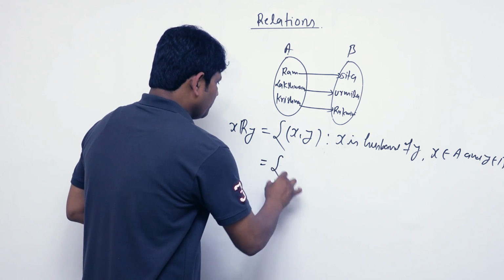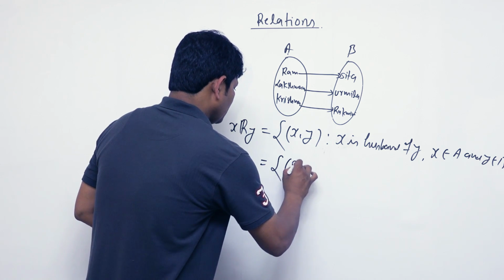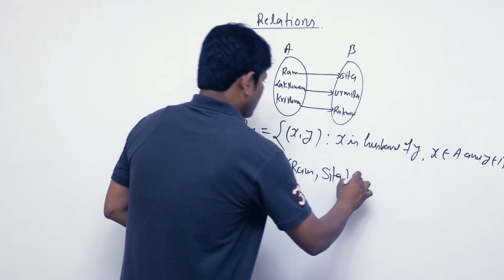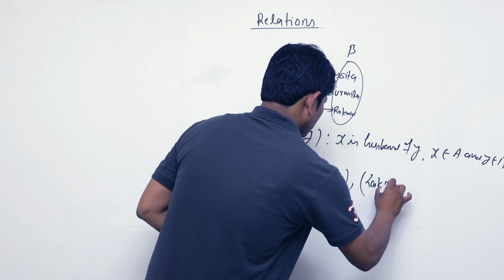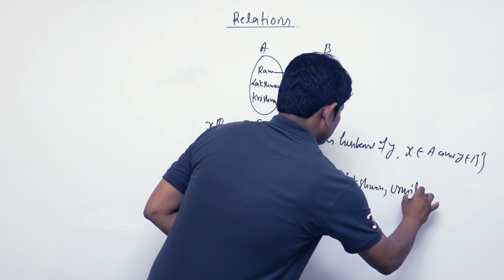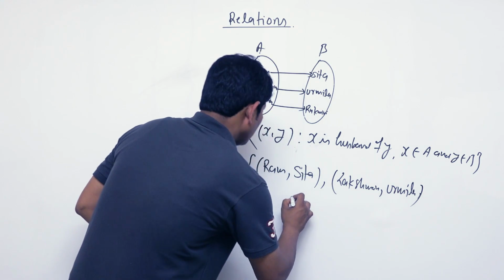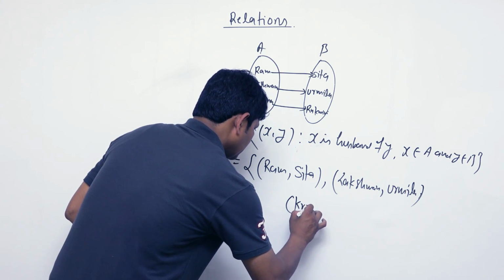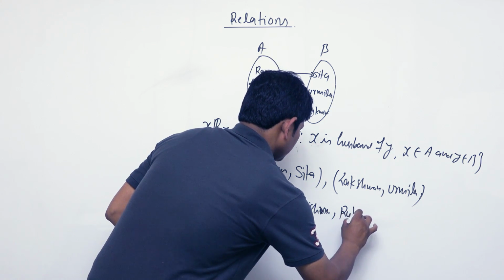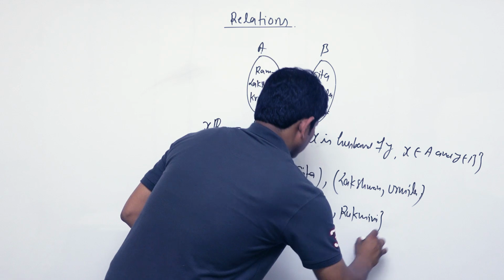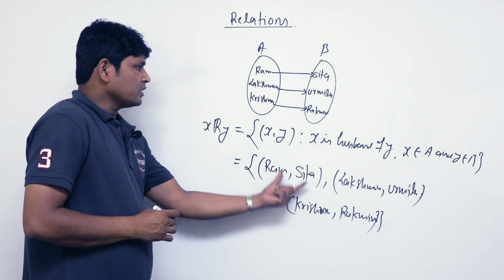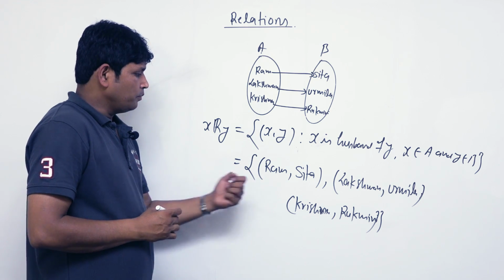If you have to write in the listing form, we can write like that: Ram, Sita; Lakshman, Urmila; and Krishna, Rukmini. This is called the relation. So relation is a subset of Cartesian product.